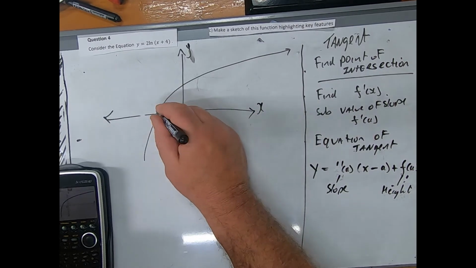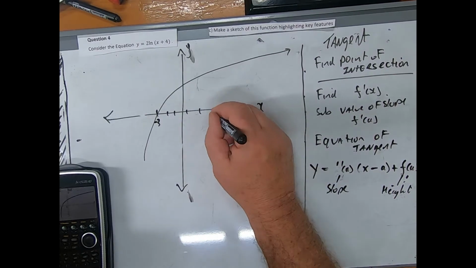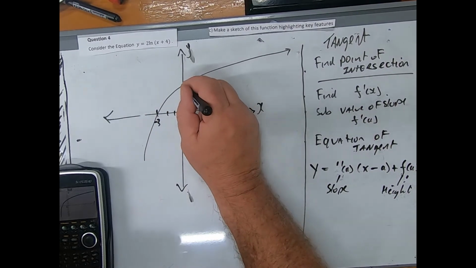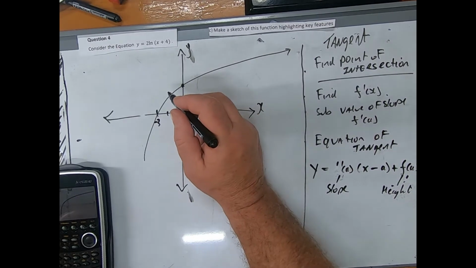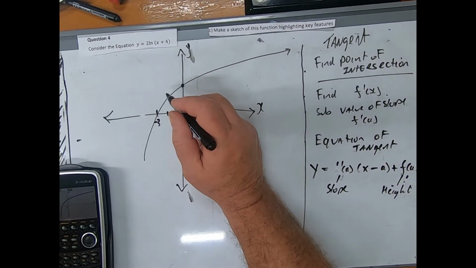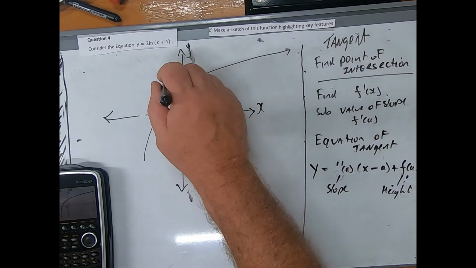X, we worked out that this was -3. There's not going to be too many points of interest. From the previous question, I think the y-intercept was 2 ln 4.